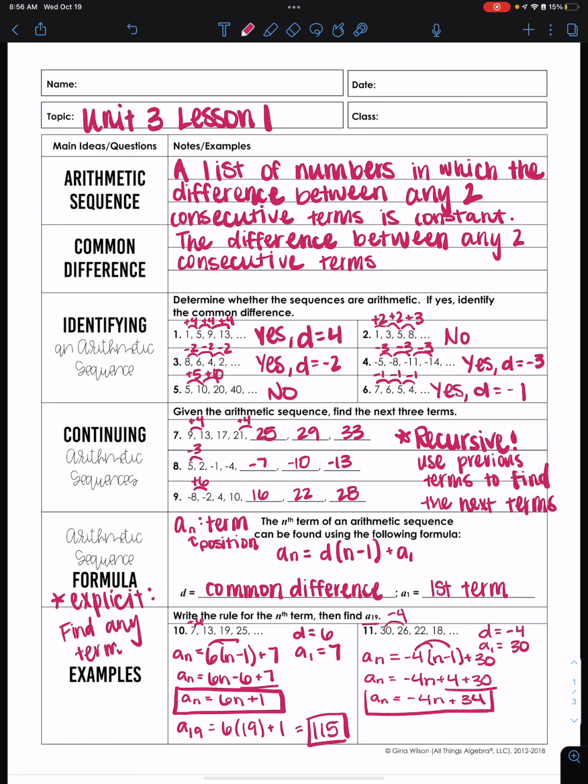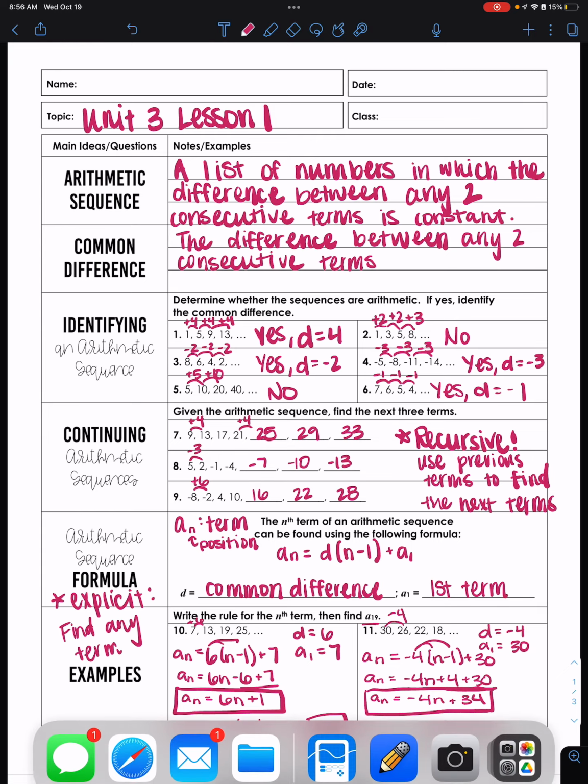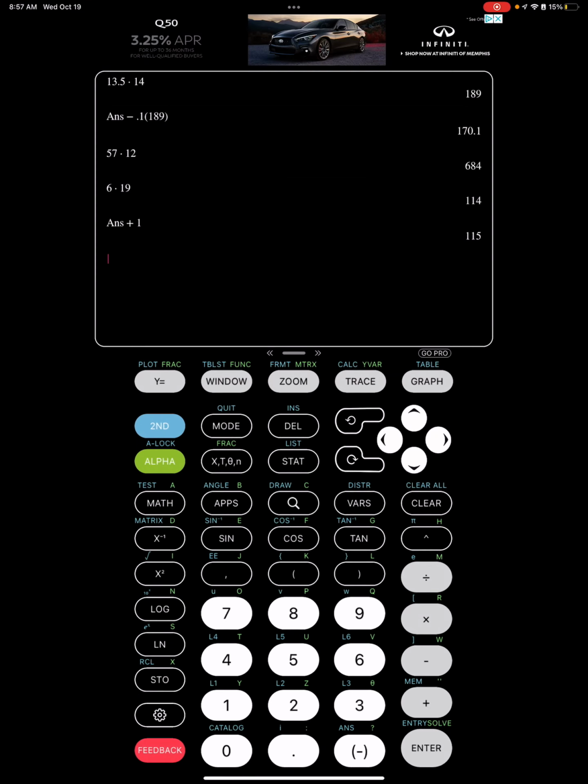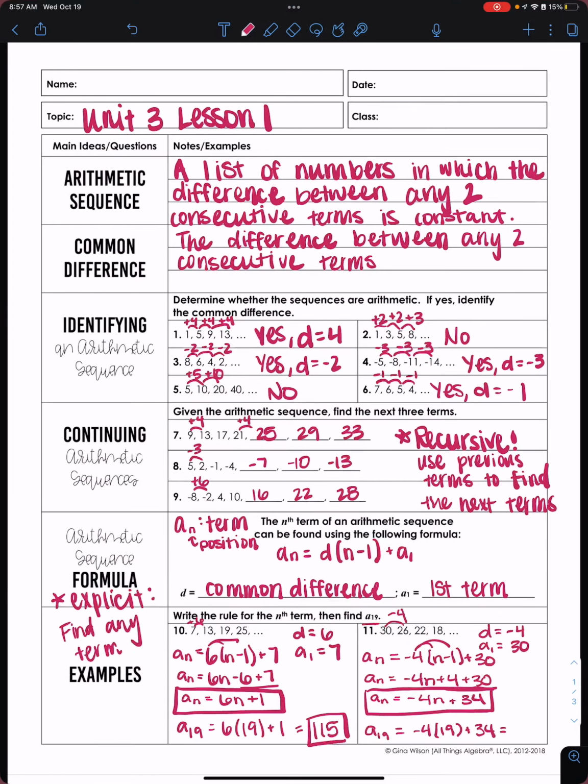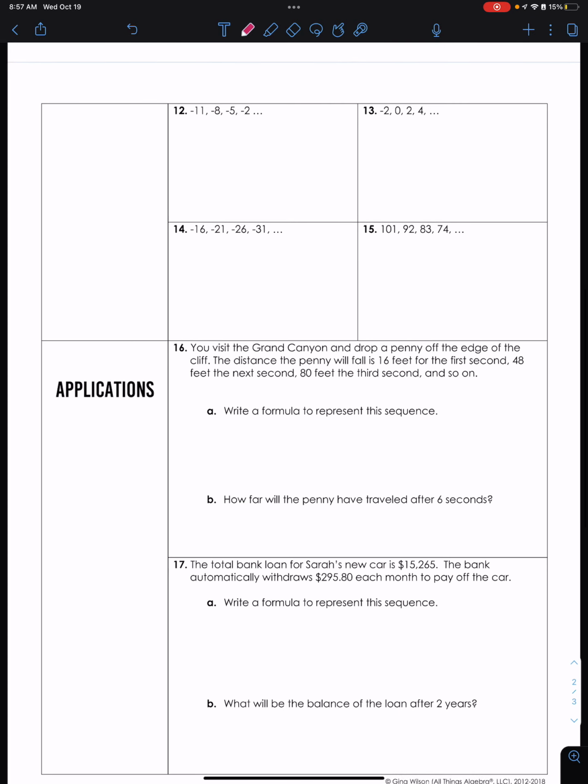Okay, so this is our rule, and then we're going to plug in 19. So negative 4 times 19 plus 34 gives me negative 42. Okay, go ahead and pause the video and then do 12 through 15 on your own.